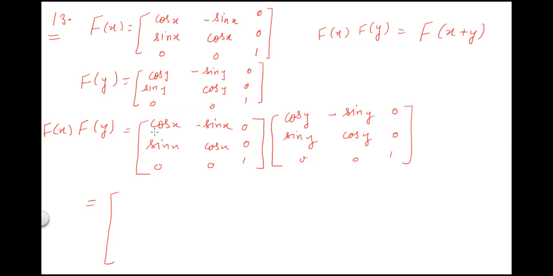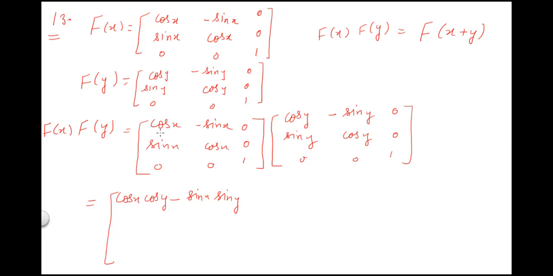Okay, now to multiply these, just be careful. The first element will be A11. Multiply the first row with the first column. So see, cos x into cos y. We'll write cos x cos y, plus minus sin x into sin y will give us minus of sin x sin y. Clear? The second one, you need to multiply the first row with the second column because the next element is A12.